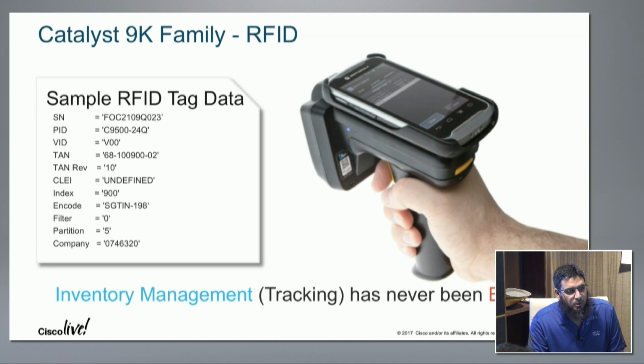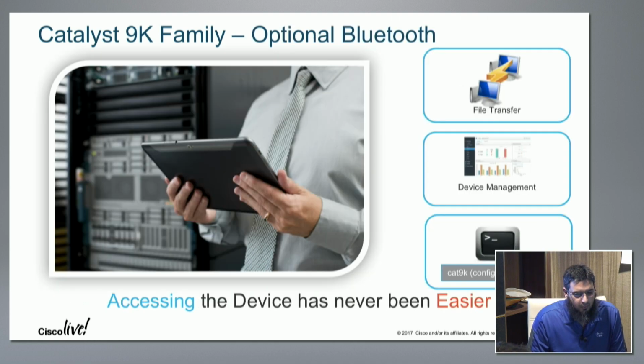Okay? So you can easily track these devices with your tracking system. On the Catalyst 9400 again, the RFID is available on each of the modules that we have in the Catalyst 9400. I think that's pretty cool. It makes the inventory management much easier for our customers.